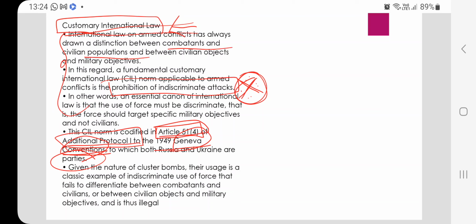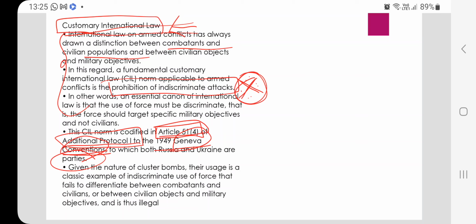So, as per customary international law laid down under the Geneva Convention, armed forces are prohibited from using indiscriminate attacks on civilian targets.